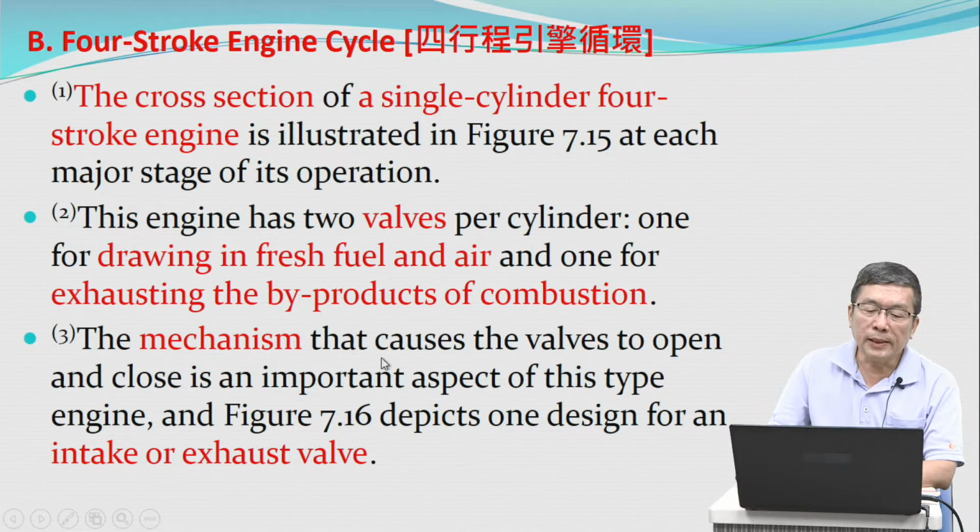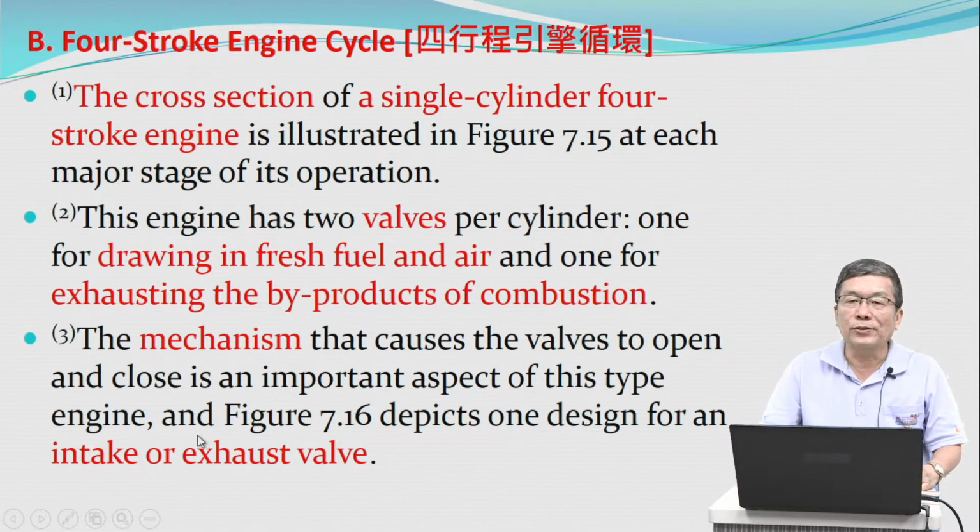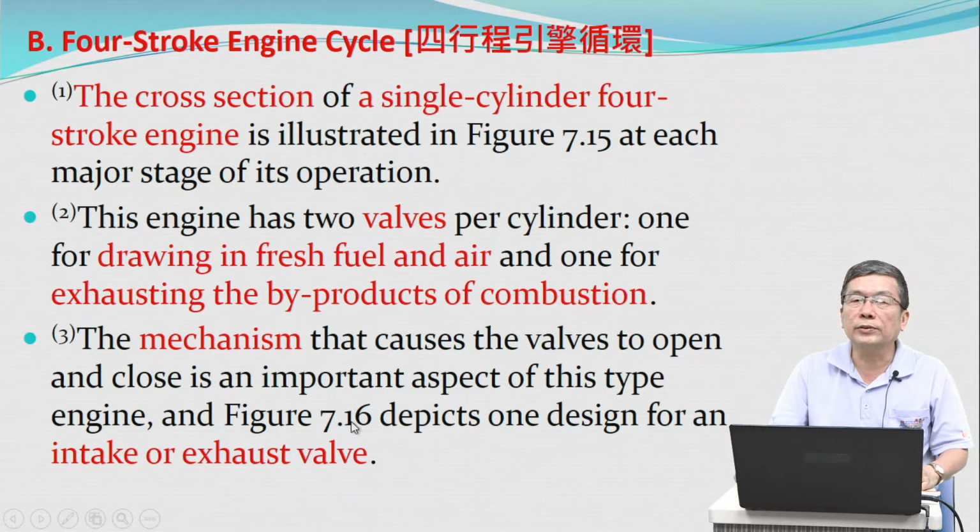The mechanism that causes the valve to open and close is an important aspect of this type of engine, and Figure 7.16 depicts one designed for an intake or exhaust valve.